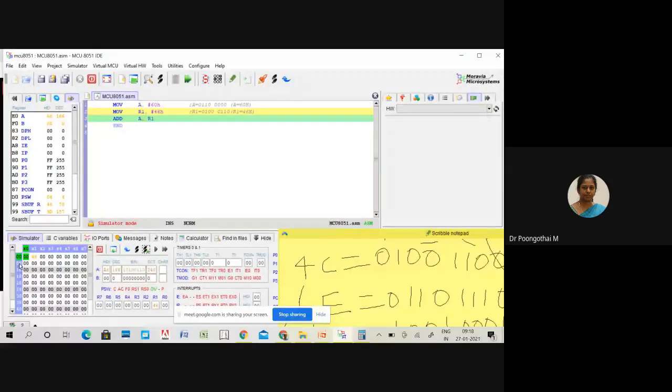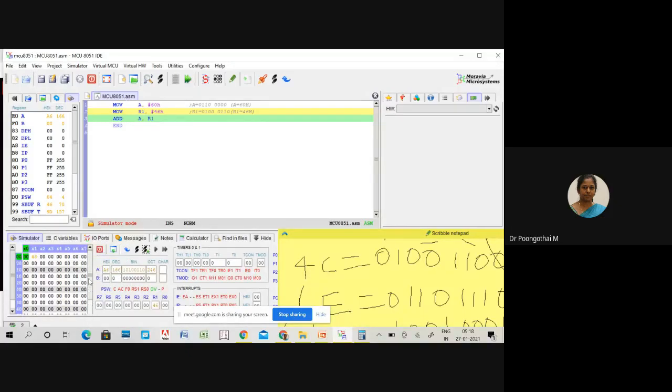Likewise, the internal register banks are arranged in this window. When you see 00, it's nothing but your R0 content, and this will be your R1. Likewise R7, and next for bank 1, next for bank 2, and remaining for bank 3. And 22 to 7F is for the bit addressable region.